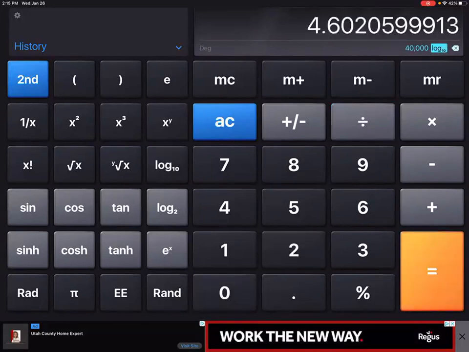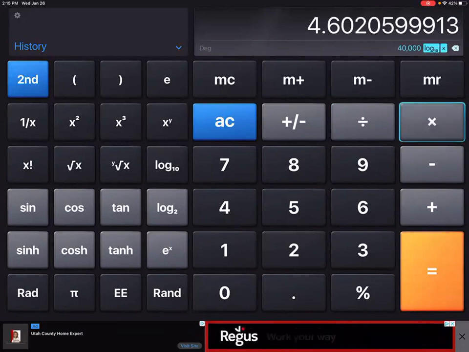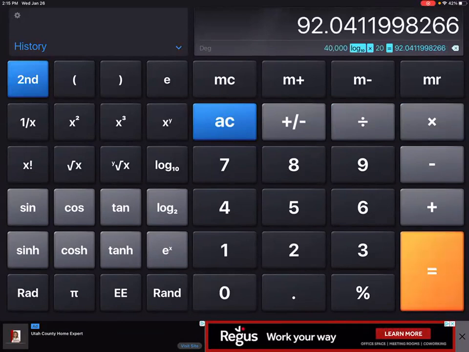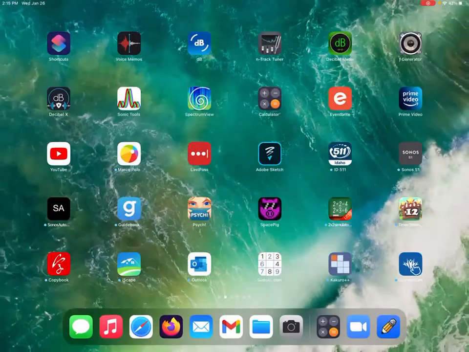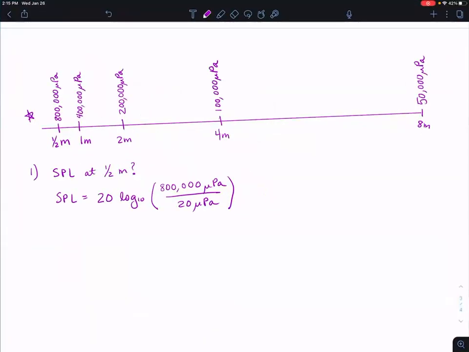I'm going to press the log 10 button, and then I'm going to times that by 20, roughly 92. So this is 92 decibels. Okay, I'm going to write that right up here, maybe in a different color so it's a little easier to see. 92 decibels at a half a meter.